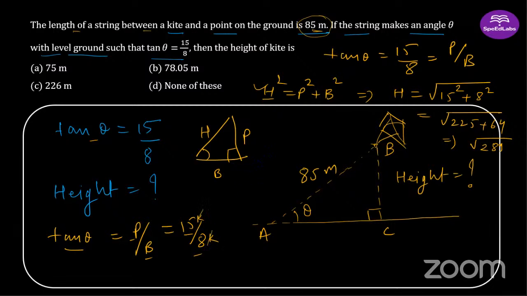Sir, if we take the base as 8, do we need to give any reason next to it? Since we are taking the perpendicular as 15k, we can also write the reason.